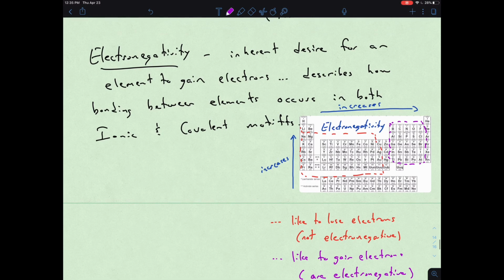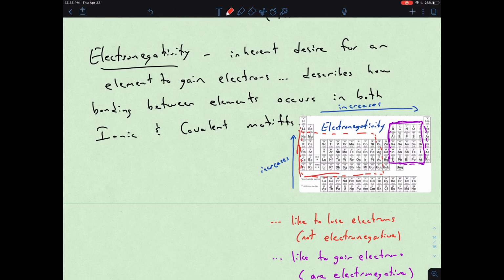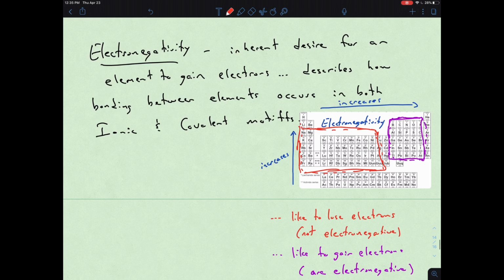So that region we see off to the right side, these are electronegative elements, while a good bulk of the others tend to be more electropositive or just not electronegative. And so that starts to explain the notion of bonding.